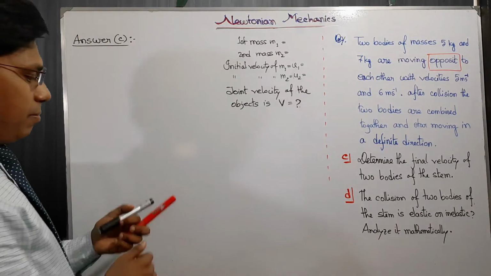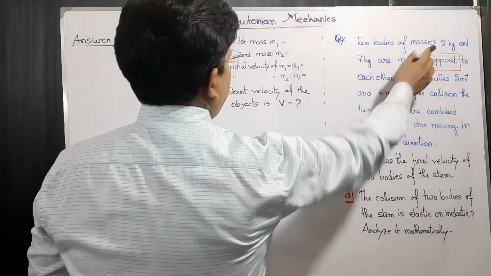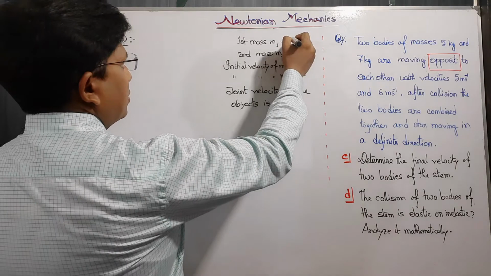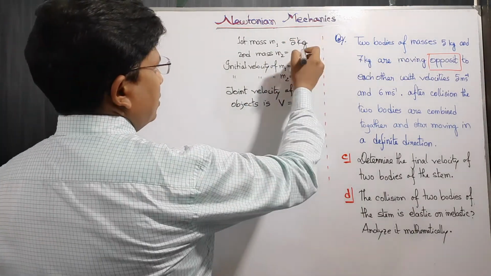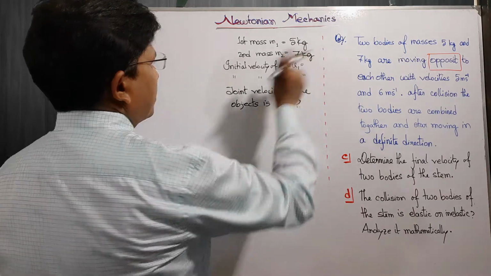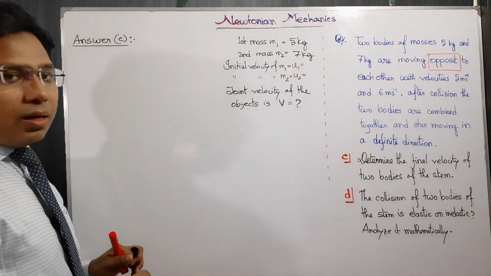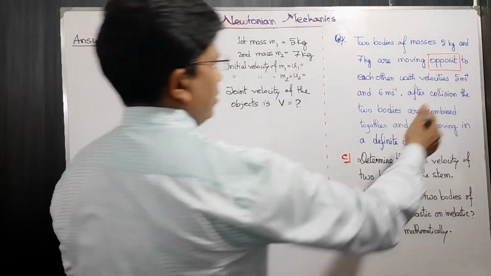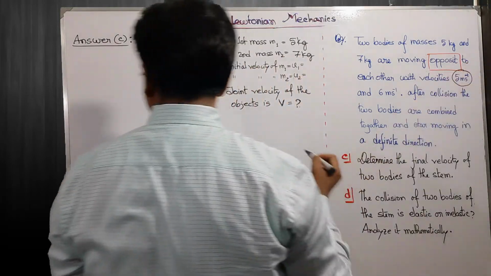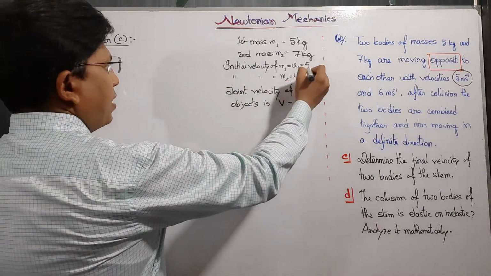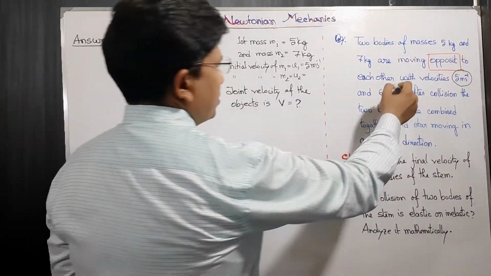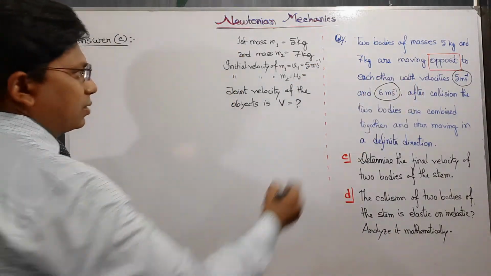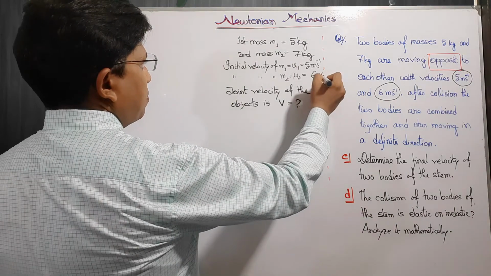Here the first object mass is 5 kg, and the mass of the second object is 7 kg. Initial velocity of the first object is 5 meter per second, and the second object velocity is 6 meter per second.